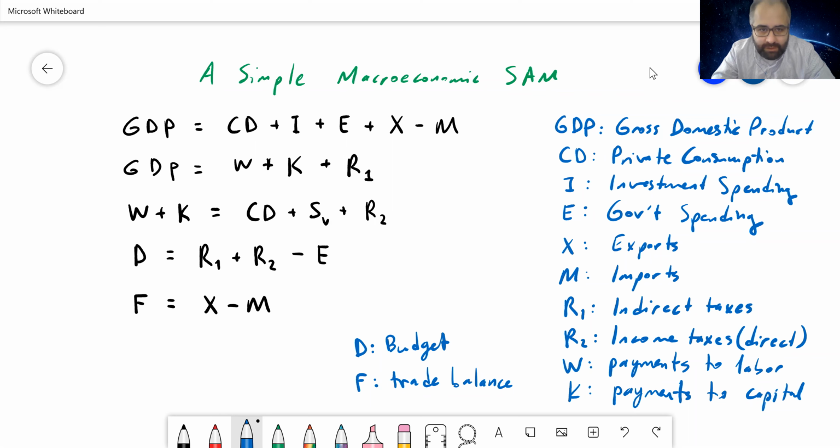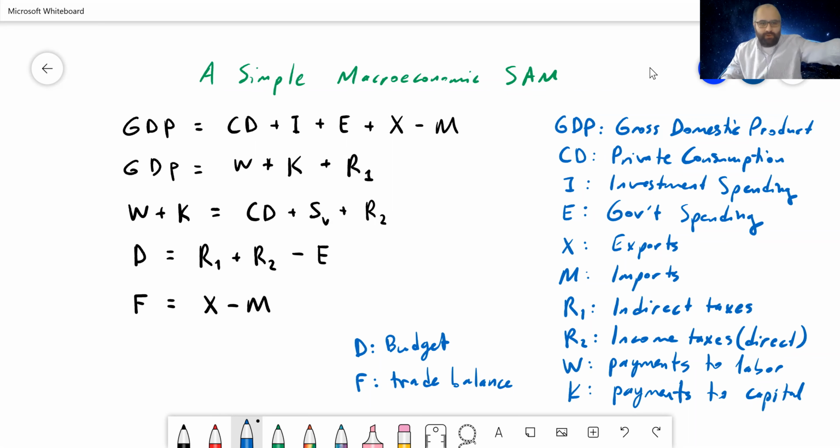Here W is denoting the total payments received by the workers. K denotes the total payments received by the capital owners. So in this economy, we have two factors, basically, labor and capital.